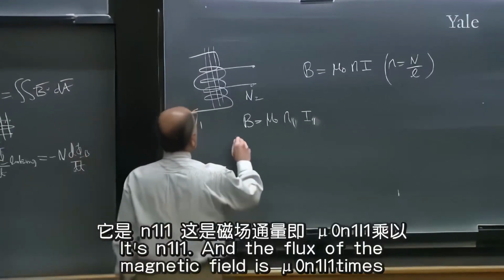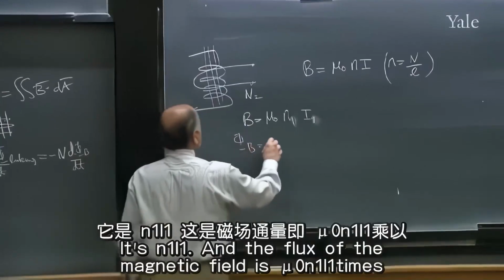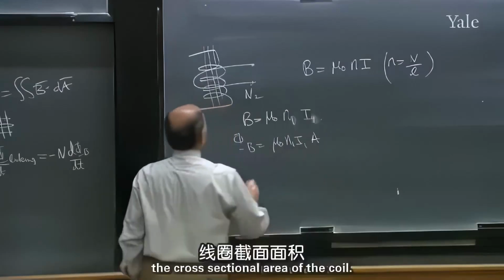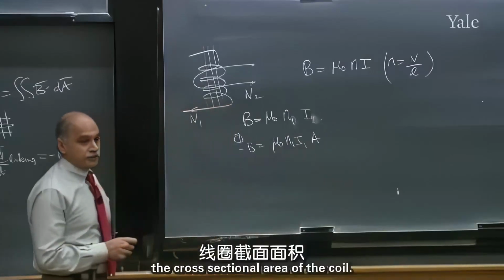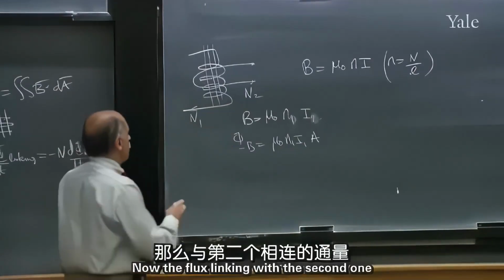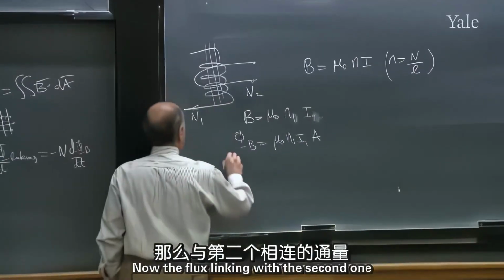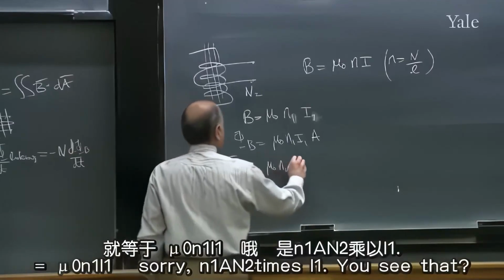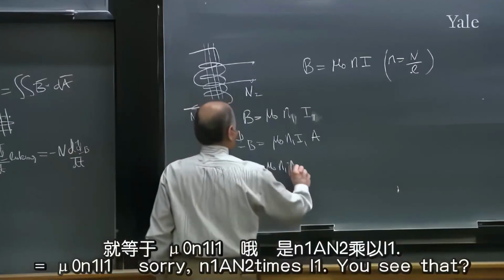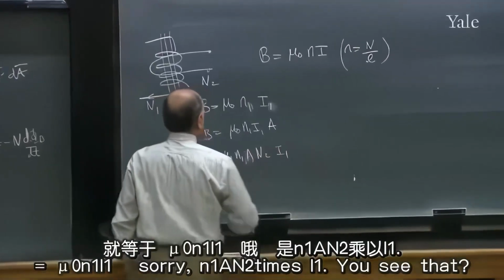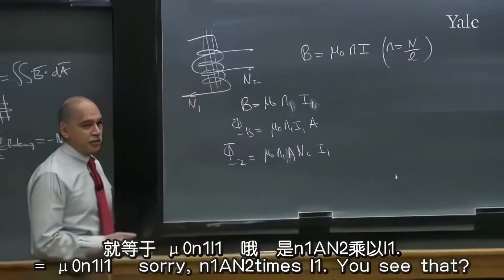And the flux of the magnetic field is mu 0 N1 I1 times the cross-sectional area of the coil. Now the flux linking with the second one is equal to mu 0 N1 A N2 times I1. You see that?